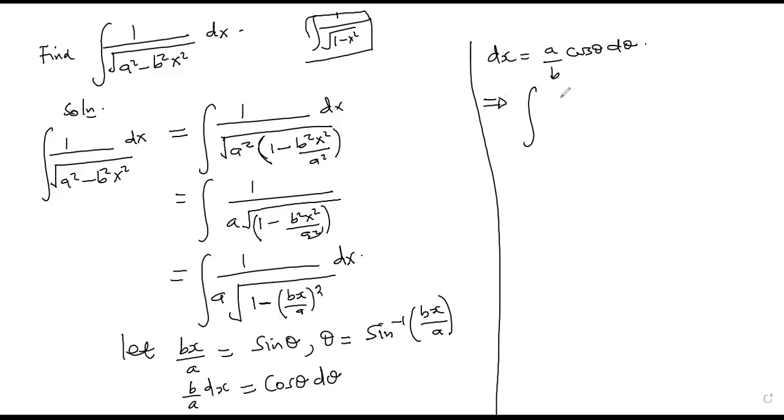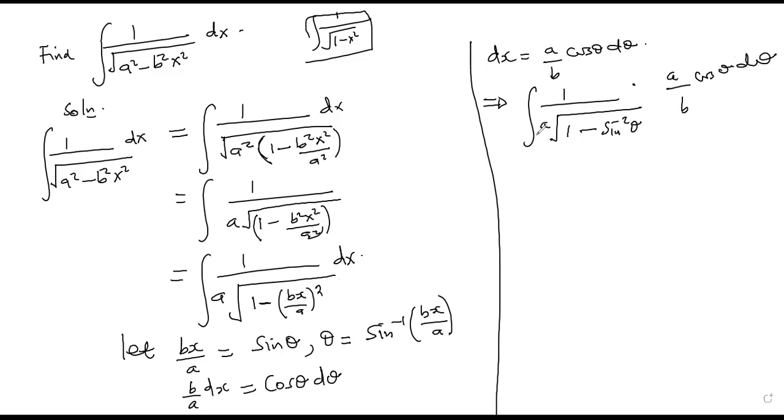the integral of 1 over a root of 1 minus bx over a, which was sine theta. So when it is squared, it becomes sine squared theta. And this result, dx, now our dx is a over b cos theta d theta.